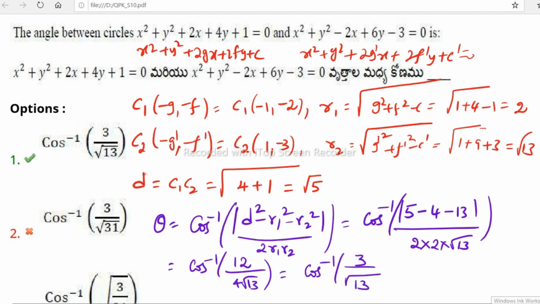This is our required angle between the two circles, clearly given as the first option. You just have to know the formula for the angle between two circles. This is one more question from this paper, the last question is left over, and I am finishing now.